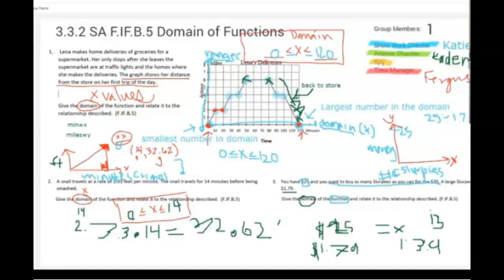Okay, so what's the smallest? 0. And the largest is 13. Good. And this one is interesting because, like you guys said, there's no fractions allowed. So when we're writing our domain here, we don't want to write it as an inequality, because an inequality means that it's all the numbers in between.